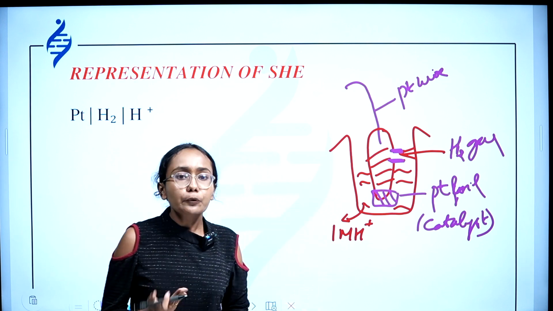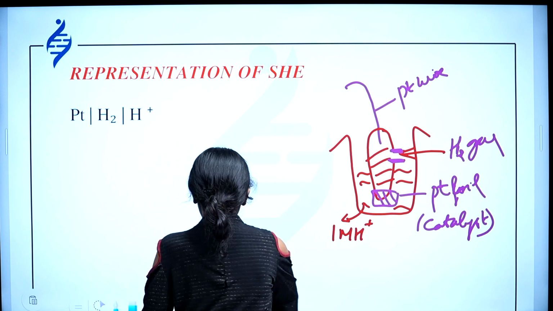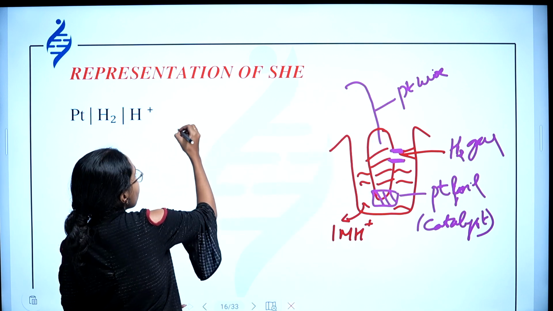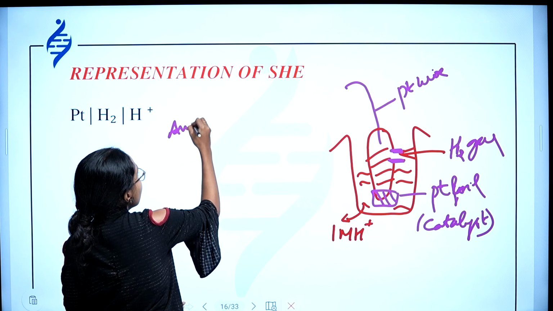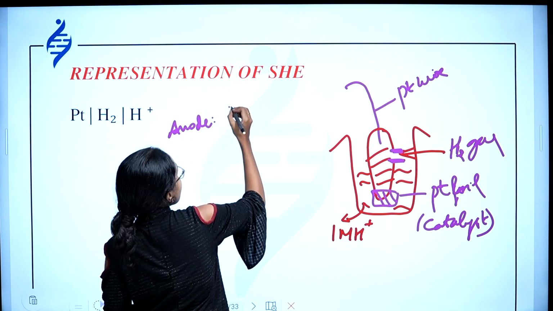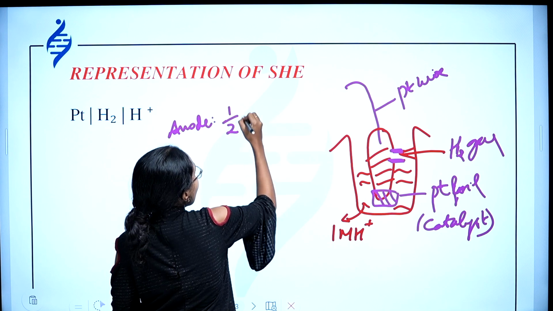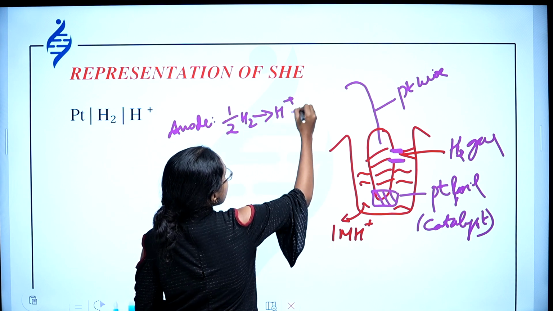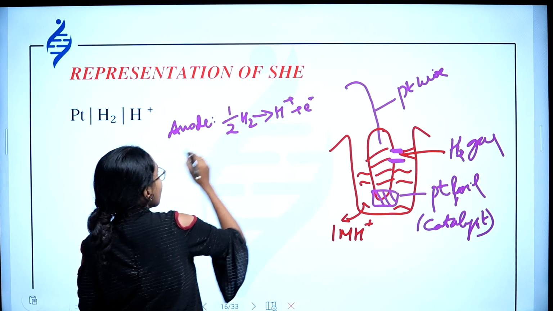So let's write the anodic and cathodic reactions. They can be well studied from this. At the anode, what will happen? Half H2 will be transformed into H plus and an electron.